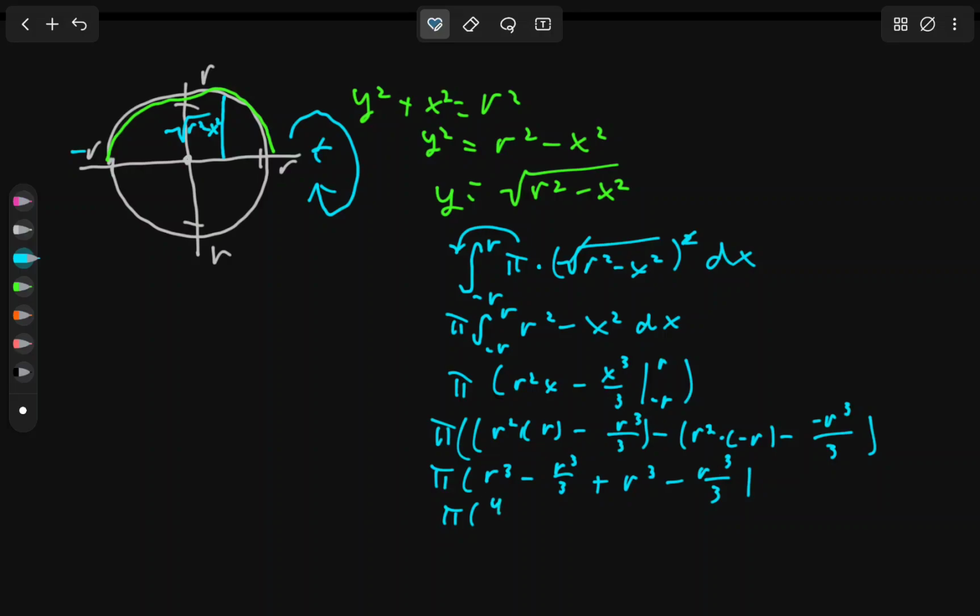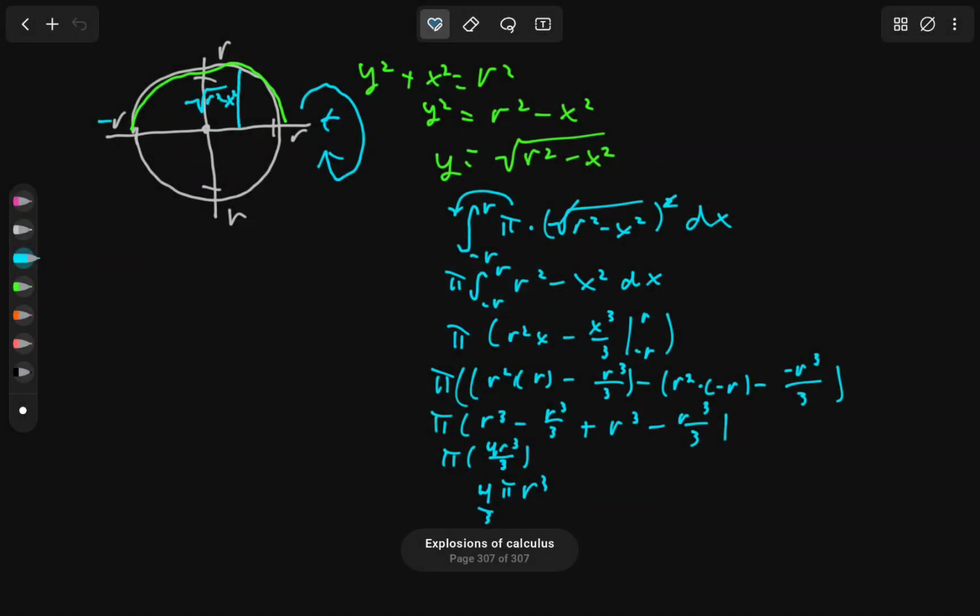So that makes 4r cubed divided by 3. And finally, we just have to bring in our pi, so we get 4 pi r cubed divided by 3, or 4/3 pi r cubed. And that, my friends, is how we derive the volume of a sphere using calculus.